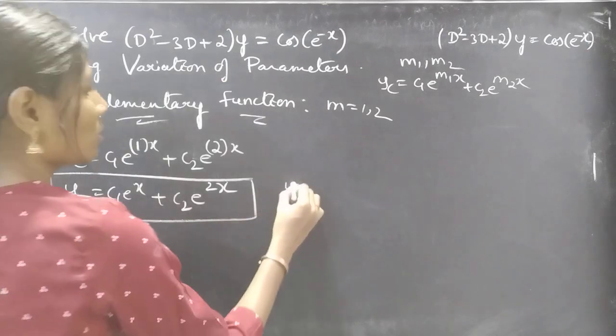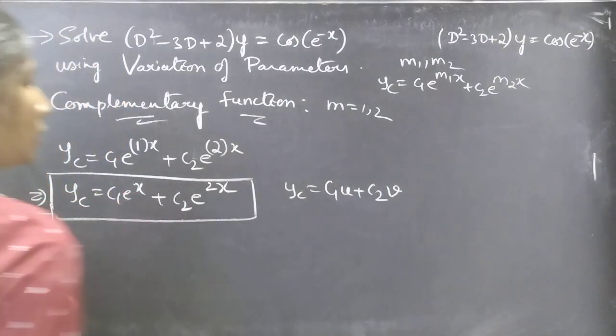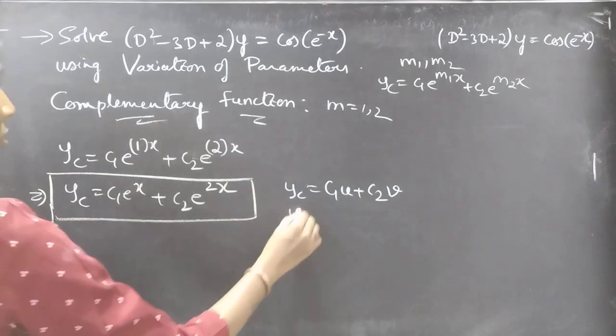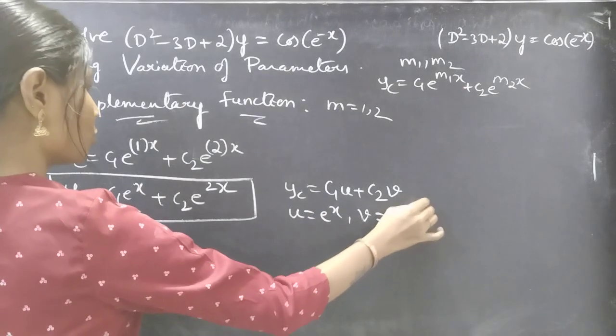Just compare this with yc = c1 u + c2 v, where u = e^x and v = e^(2x).